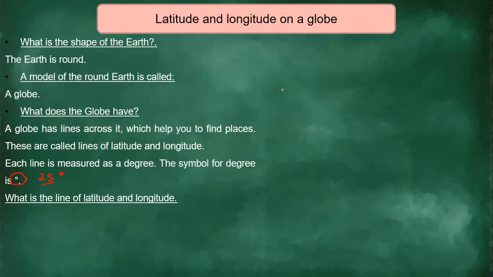So the lines of latitude and longitude are lines that are not actually on the ground. They're imaginary lines. They help us to see where places are in the world. Yes, that's true. Thank you, Talia. That is correct.